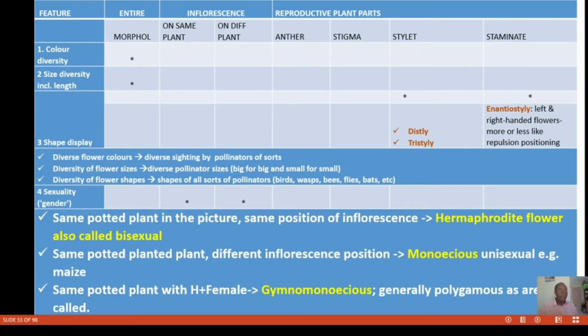We have specific terminologies, which if you associate with the morphological partitions of the plant reproductive system, it becomes easier.